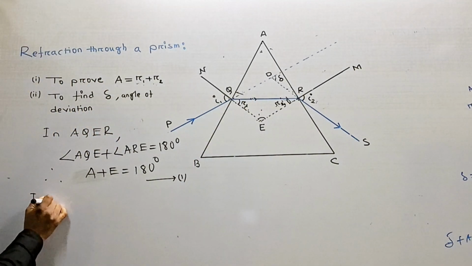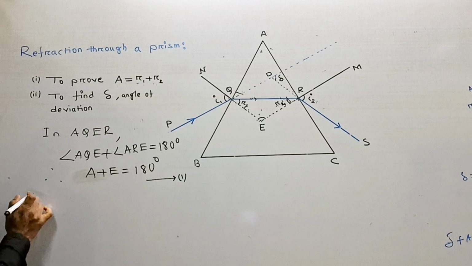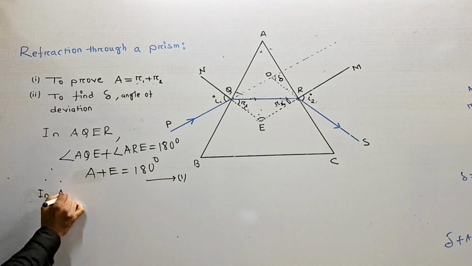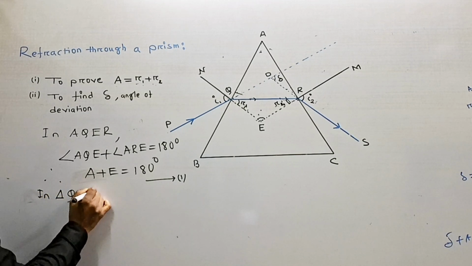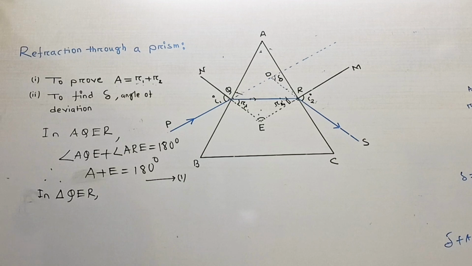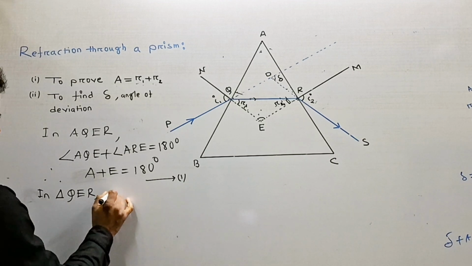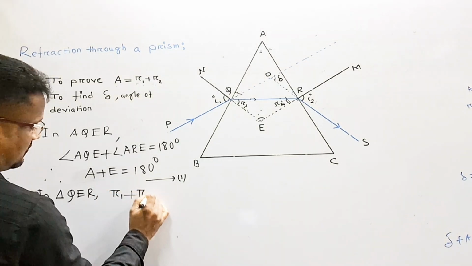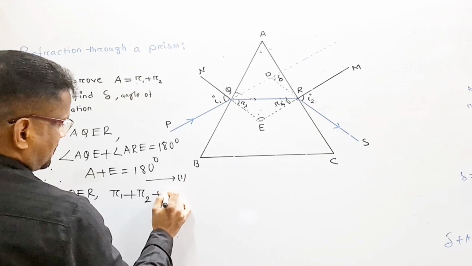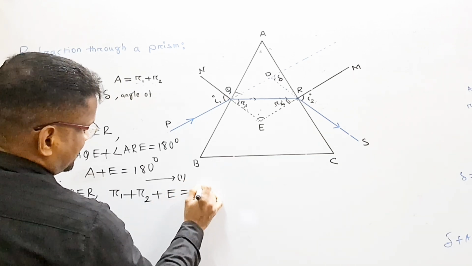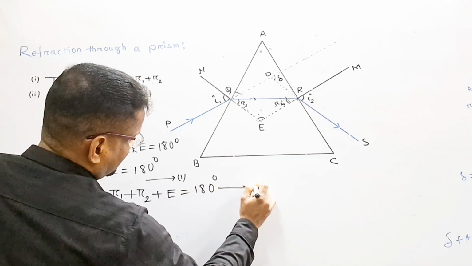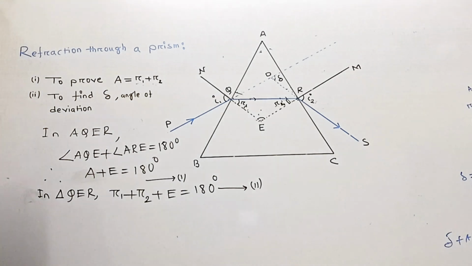So in triangle QER, what will you get? R1 plus R2 plus E, by the angle sum property, is 180 degrees, number 2.